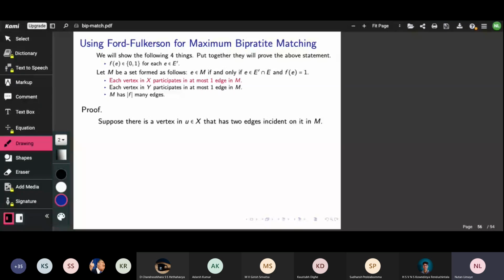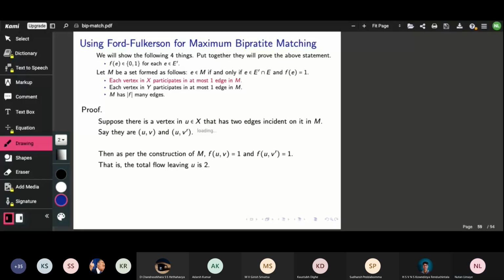Suppose there is a vertex U in X that has two edges incident on it in M, say UV and UV prime. Then, as per the construction of M, the flow value in UV should be 1, and in UV prime also the flow value should be 1. So therefore, the total flow leaving U is 2.